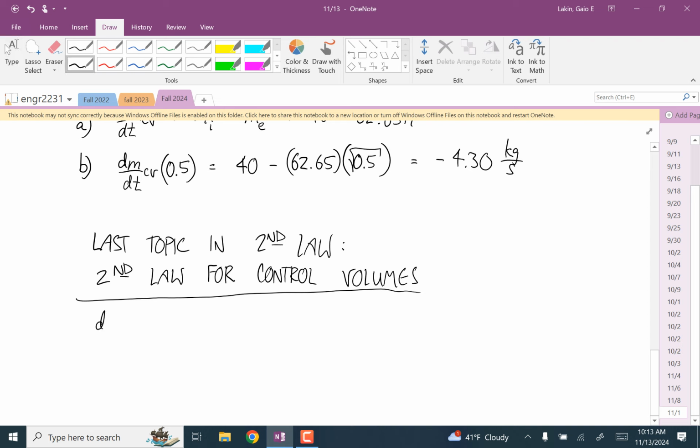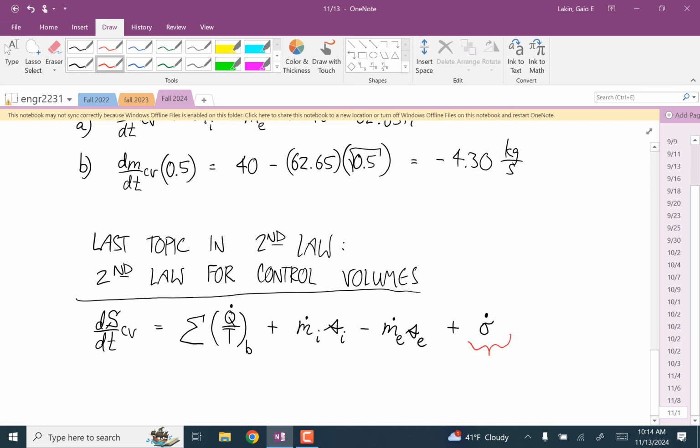And this looks like d capital S dt for the control volume is equal to the sum of all the Q dots over the temperature at the boundary plus mi dot times the specific entropy at the inlet minus me dot times the specific entropy at the exit plus the rate of entropy production.